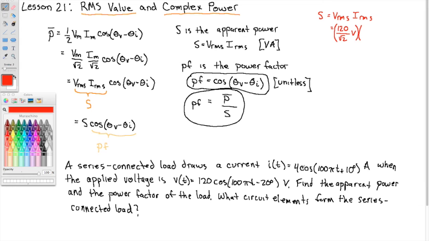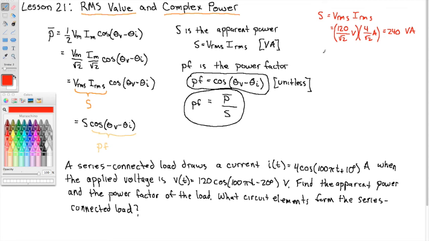And the current has an amplitude of 4 amps, so its RMS value is 4 over root 2 amps. So 120 times 4 is 480, divided by 2 is 240. What are the units? Volt-amps, not watts. I'm just going to write that as volt-amps.